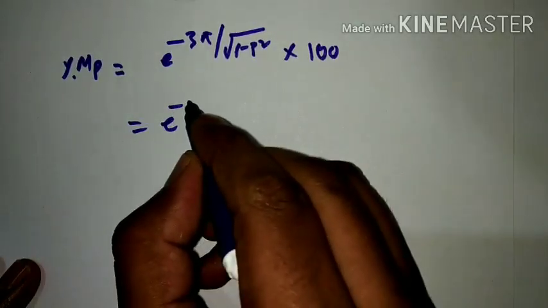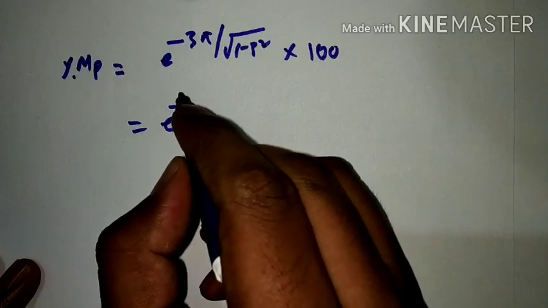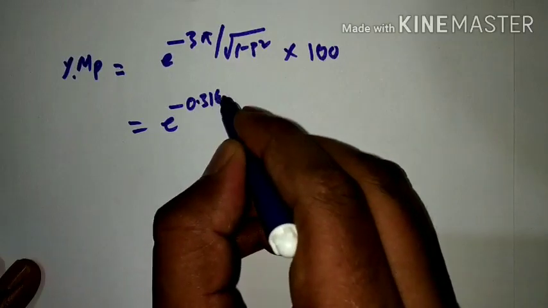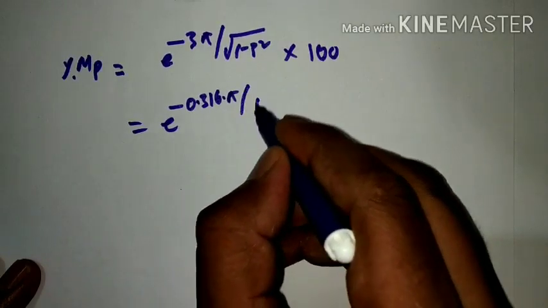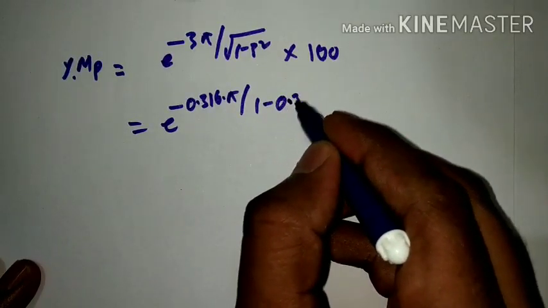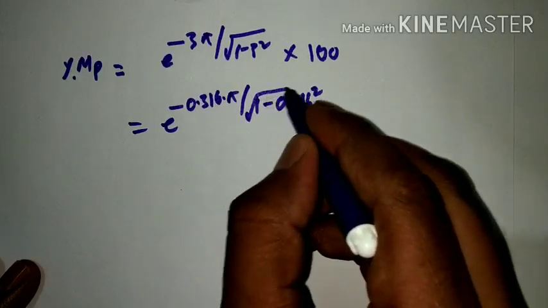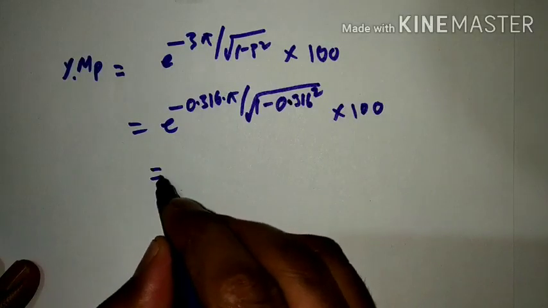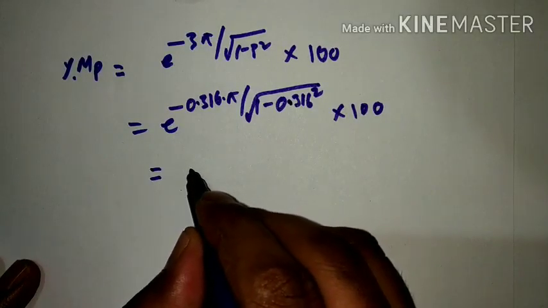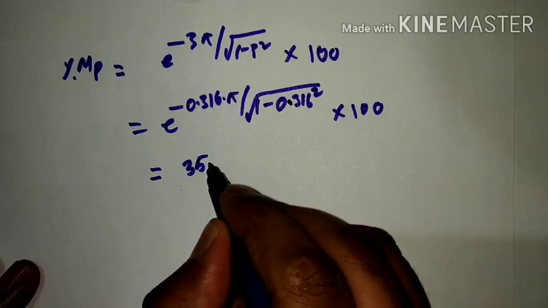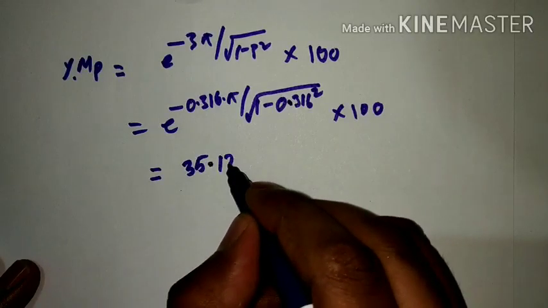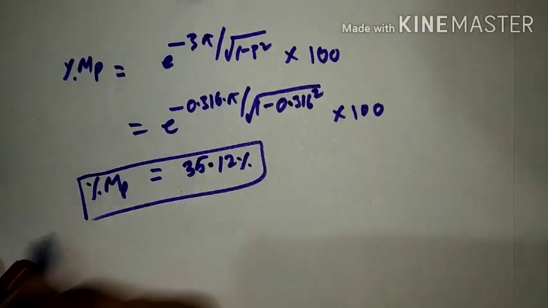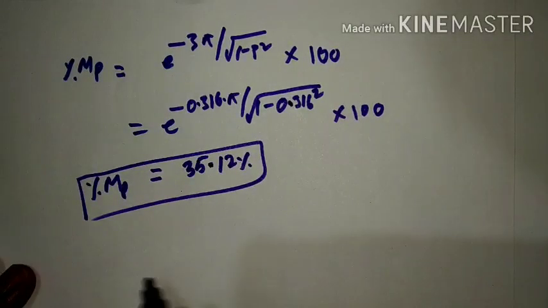The zeta value is 0.316, so e raised to minus 0.316 into pi by root 1 minus 0.316 whole square, into 100. You just calculate, and you will get 35.12 percent. This is the percentage of MP.